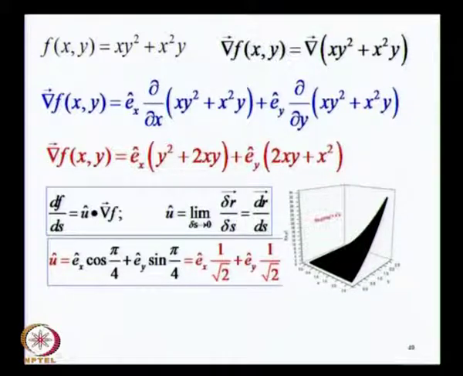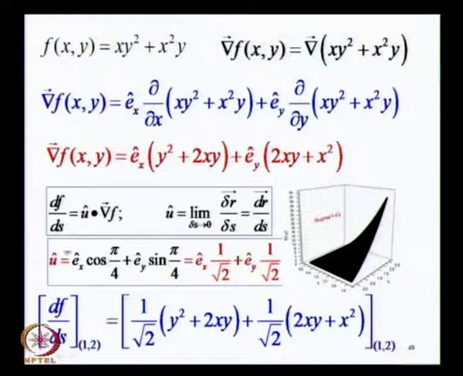Now you know the gradient and you know the unit vector, so you can get the dot product. You construct the dot product, you get the directional derivative, and you determine it at the particular point, namely x equal to 1 and y equal to 2. After you determine this scalar product, put x equal to 1 and y equal to 2 and you have your answer, done.